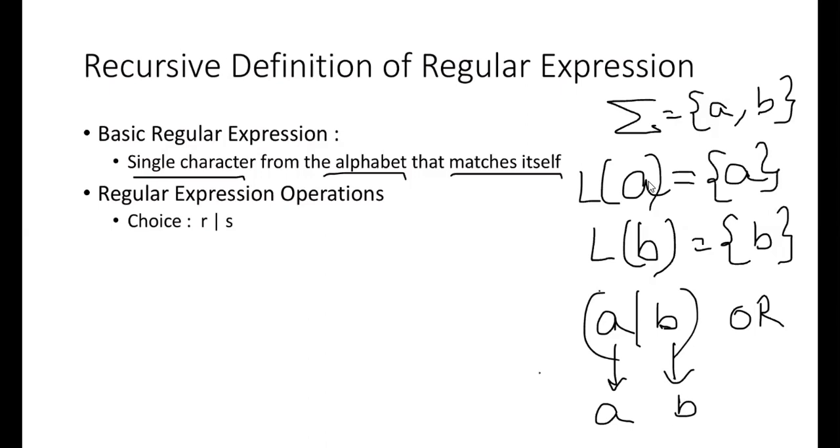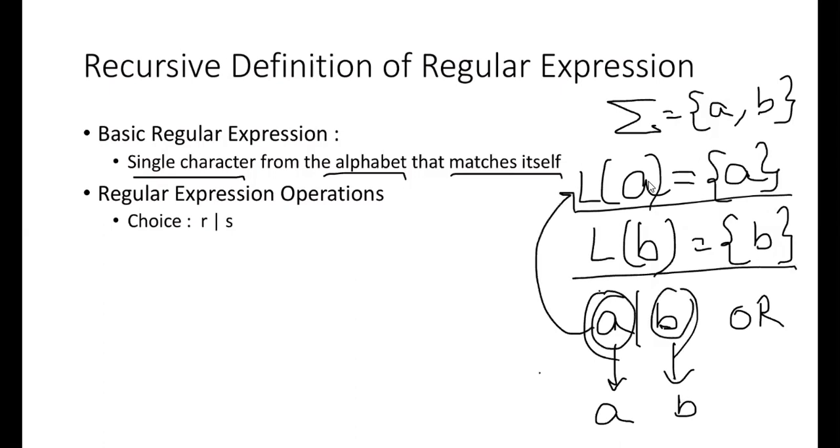In terms of language sets, this regular expression is represented by this set, and the other regular expression is represented by this set. So when we write A or B, what will be the set corresponding to it?